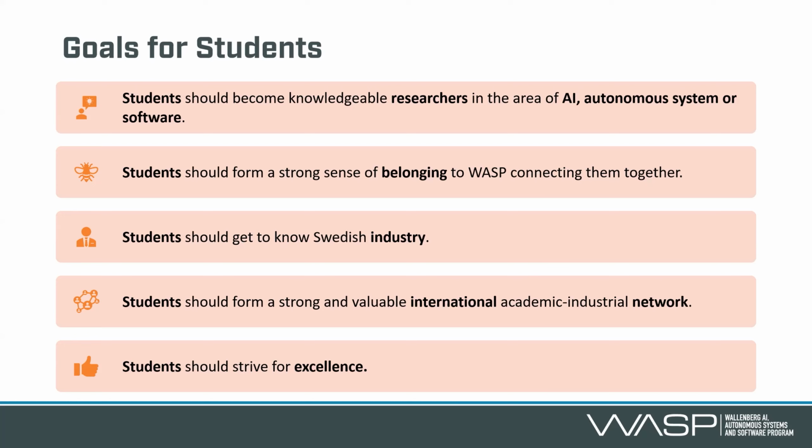The students should get to know Swedish industry, and this is done, for example, via WARA, the WASP Research Arenas, and the WASP Project course. And students should also form a strong and valuable international academic industrial network. Here, for example, international study trips are very important.